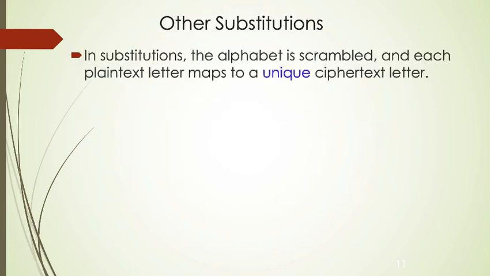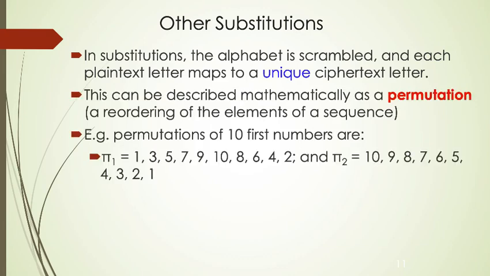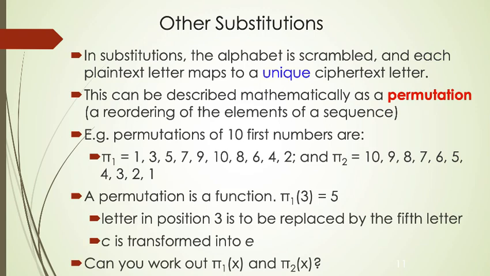Now, while the Caesar cipher is a uniform substitution, that is, the same rule applies to every character, there are other forms as well. We can describe substitutions mathematically as permutations, and they're just a set of rules. For example, these are two permutations of the first 10 numbers.